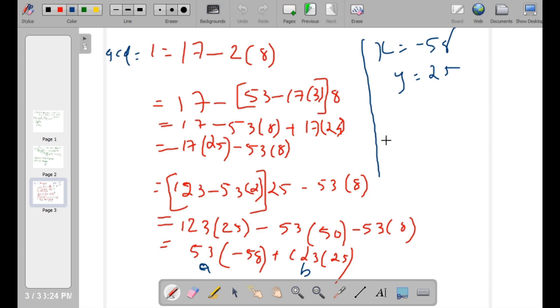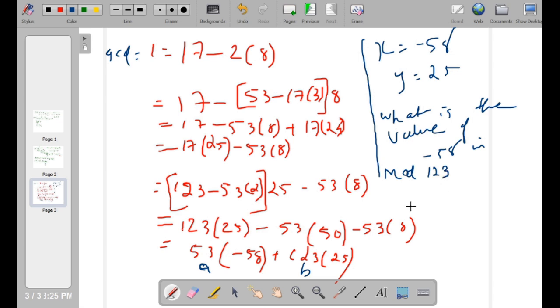Let us check what is the value of minus 58 in the modulo 123 system.